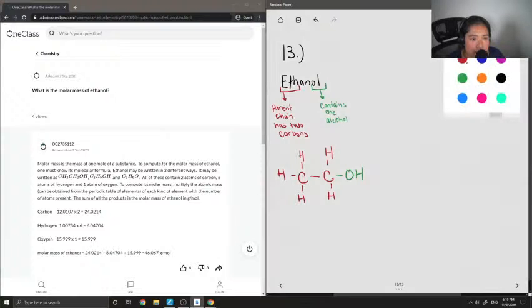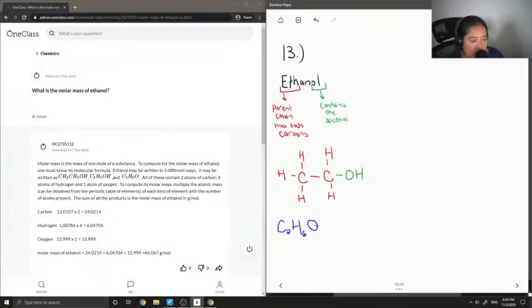Okay, so now let's look at the formula for ethanol. There are 2 carbons, so I'm going to write C2. There are 1, 2, 3, 4, 5, 6 hydrogens, and 1 oxygen.